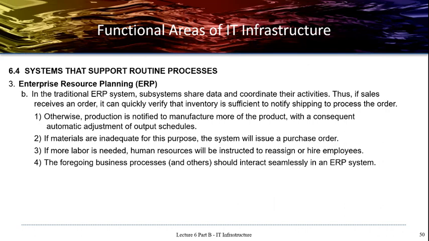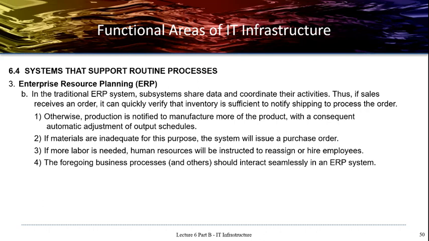So in a traditional ERP system, subsystems share data and coordinate activity. Thus, if sales receives an order, it can quickly verify that the inventory is sufficient and notify shipping to process the order. So it quickly knows the inventory. Otherwise, production is notified to manufacture more of the product, with a subsequent automatic adjustment of output schedules.